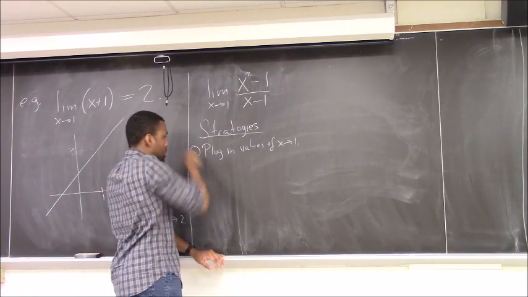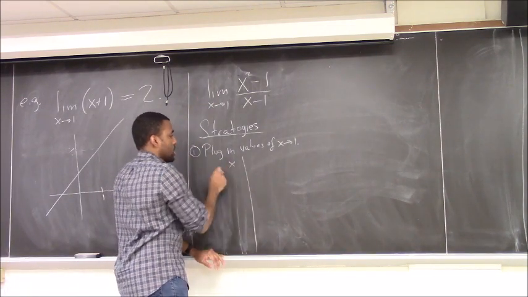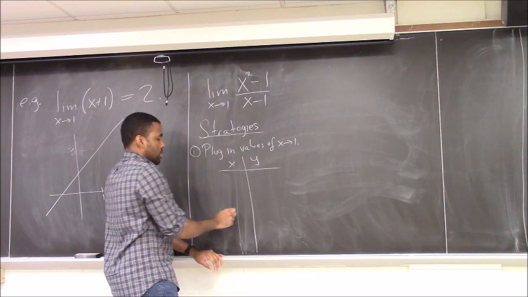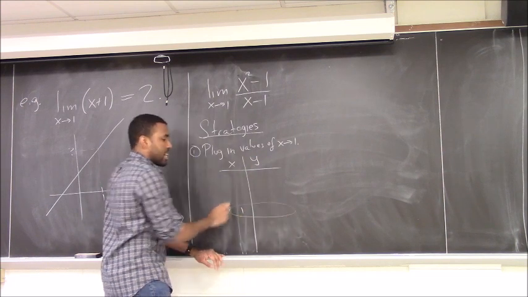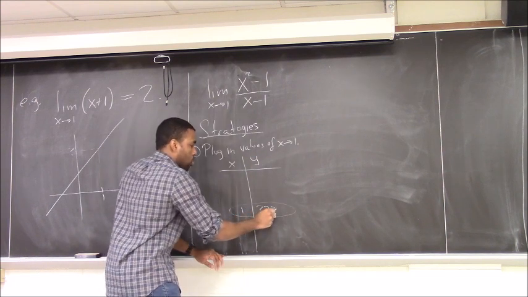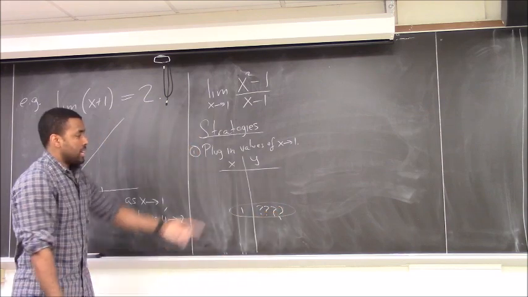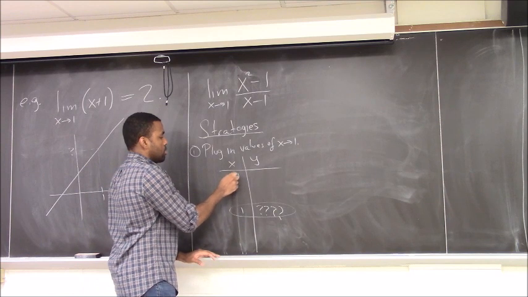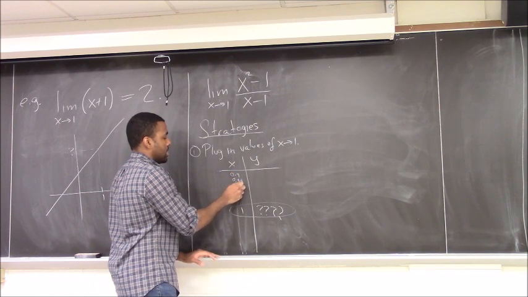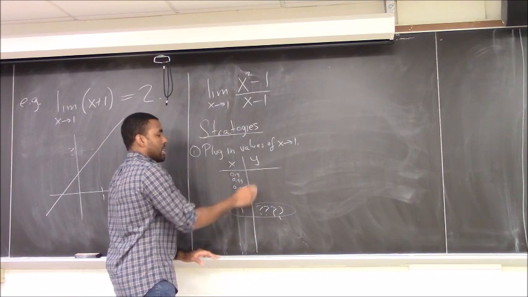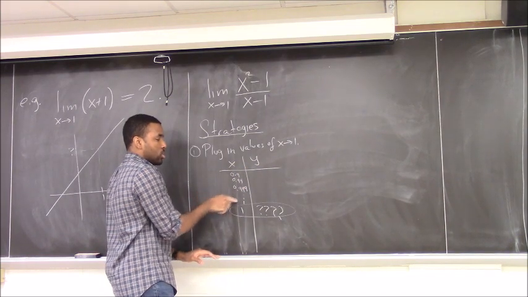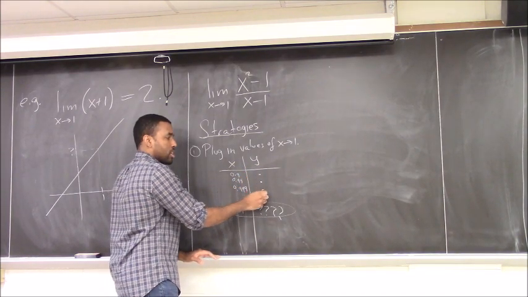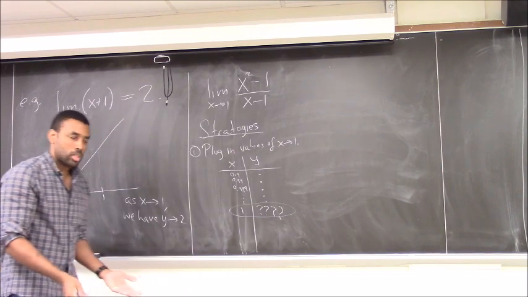You can say something like, okay, here are my x values, here are my y values. Here's the number 1, which I can't actually plug in, so I don't know what that would give me. But I can start plugging in numbers getting close to 1. I can start with 0.9 and 0.99 and 0.999, right? And I can see as my x values are getting close to this, what are these y values getting close to? Are they approaching some number, right?